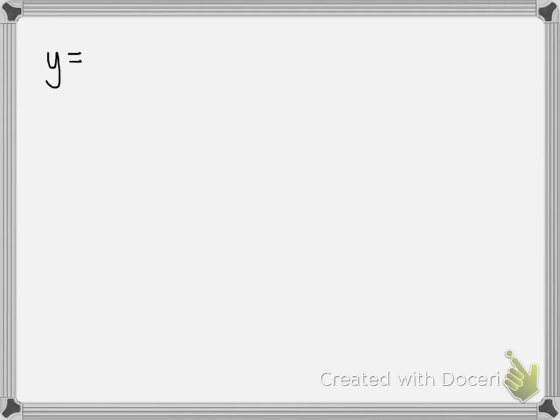So here's some practice problems for you. 5y equals x squared plus 2, and I asked you to sketch it and identify the vertex. Okay. So what does this plus 2 mean?